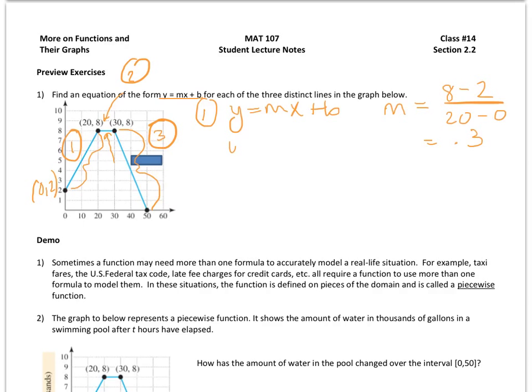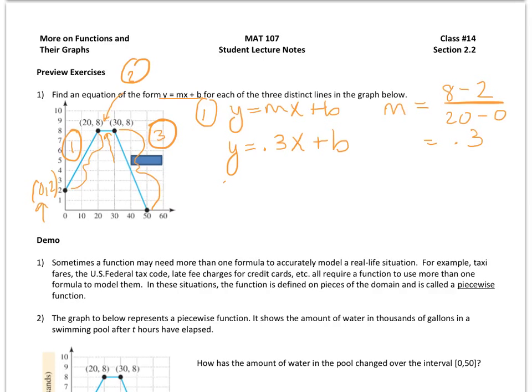So my equation will be y equals 0.3x plus b. And then your y-intercept you typically find by taking either of your points, or any point on the line, plugging in the x-coordinate for x and the y-coordinate for y, and you can figure out what b is. So I'm going to use the point 0, 2 because plugging in zeros is pretty easy.